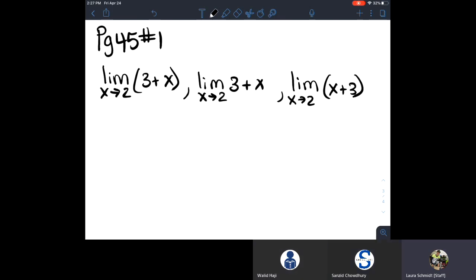Well, in my opinion, the limit as x approaches 2 of 3 plus x is the same as the limit of x plus 3. But the one in the middle is different because there's no bracket, I guess. So you think this one's different?